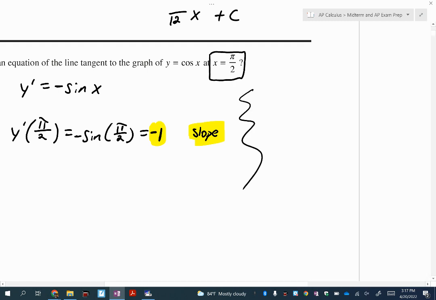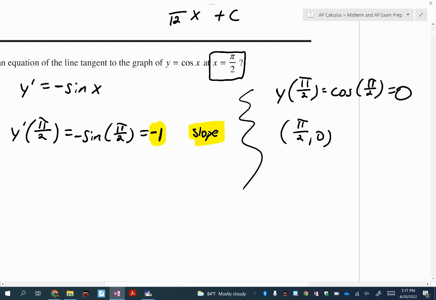You're going to plug it into the original. So now I need the cosine of pi over 2. What's the cosine of pi over 2? It's 0. That's right. So my ordered pair is going to be pi over 2, comma 0.